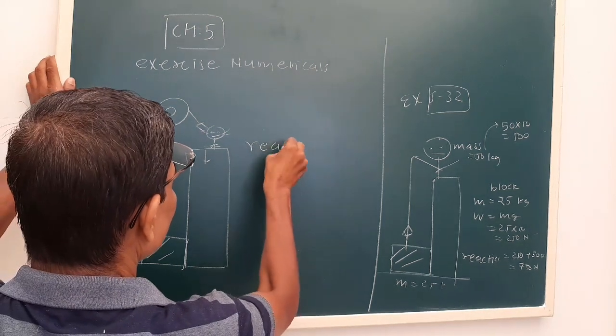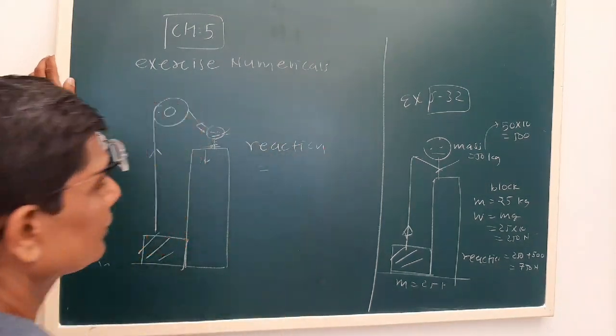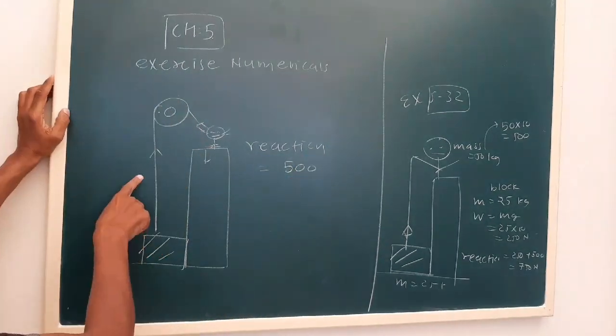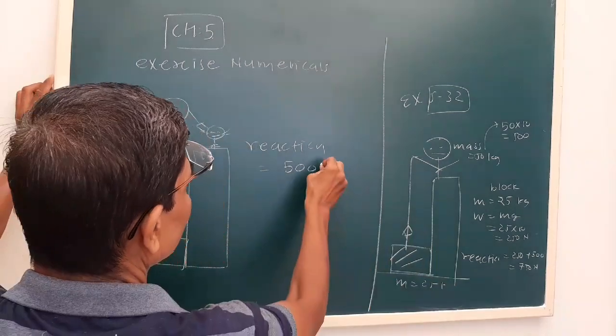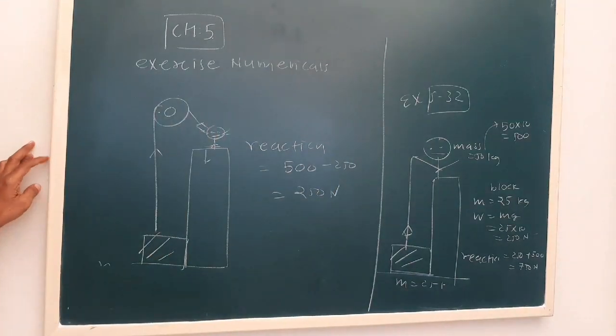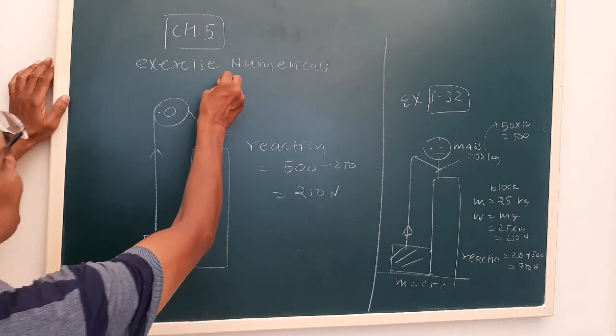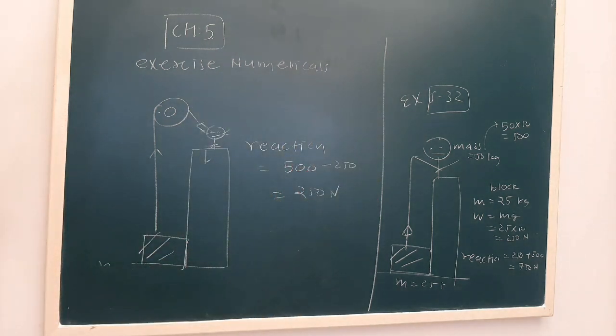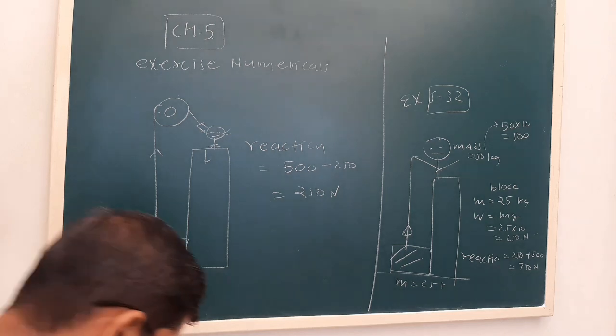So in that case, the reaction offered by the surface will be 500, that is the weight, minus the weight of the block. This is because of the action of the pulley, why these two forces become opposite in direction. So in that case, you have to apply less force. So this is about our exercise sum number 5.32. Now next is exercise sum number 5.33.